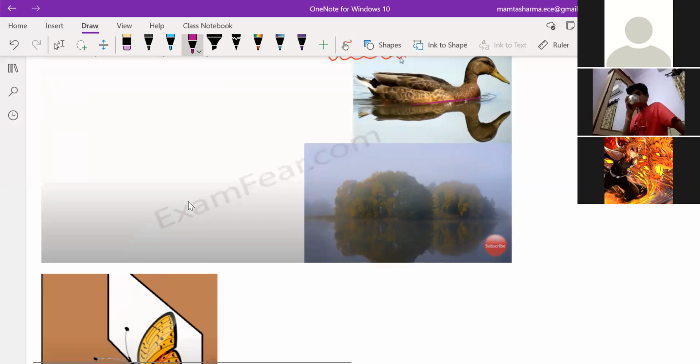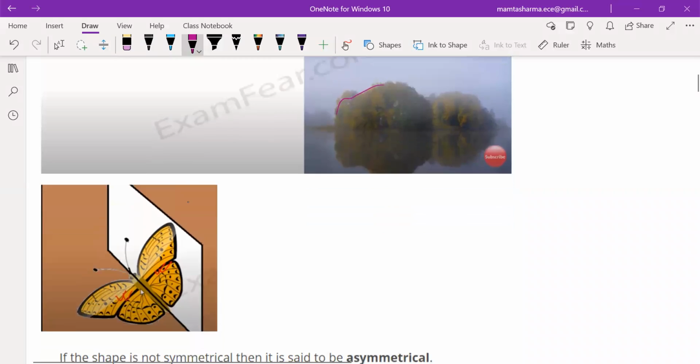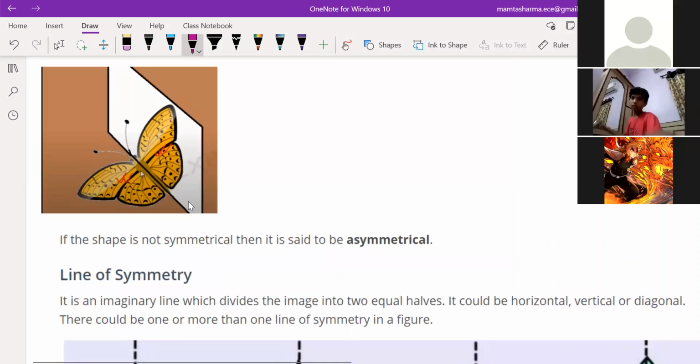Now you could see here the shape of these trees. If you see the reflection in the water, this would be the same as the above portion. So you could say that this is a symmetric figure, symmetric trees. Now you have already seen that butterfly.